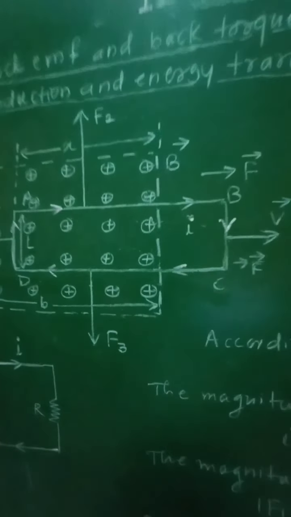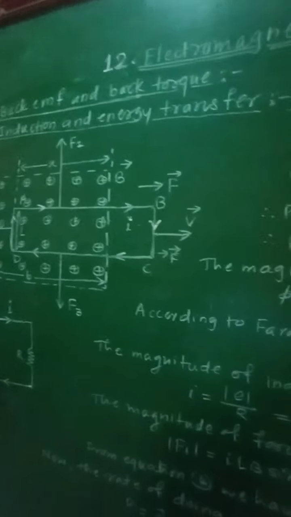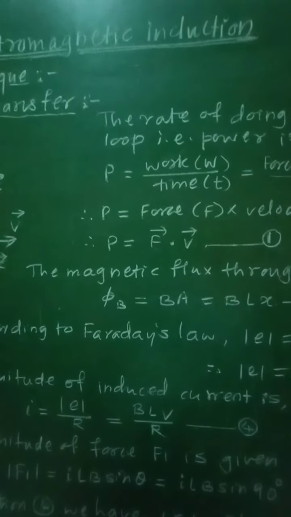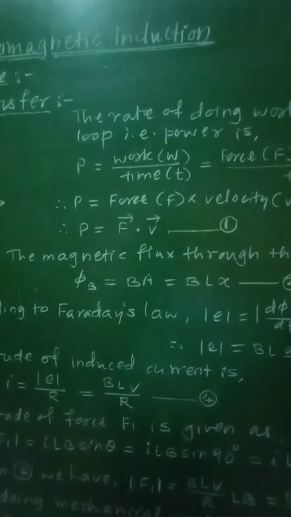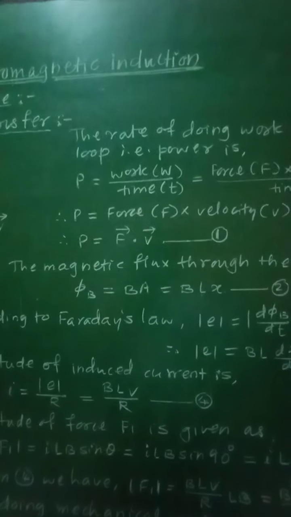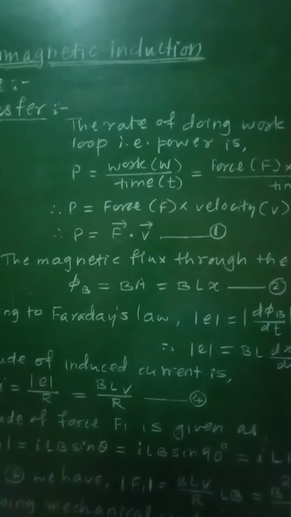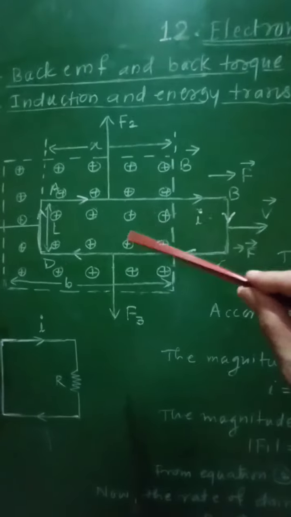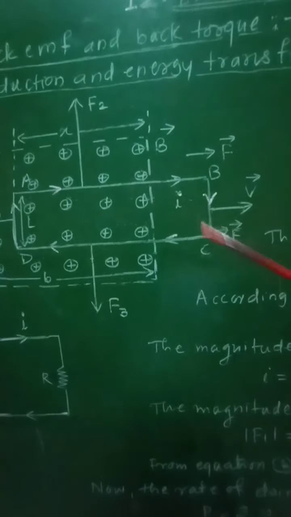The decreasing magnetic flux will induce the current in the loop. As there is a change in magnetic flux, the current will be induced in that loop, and the induced current gives rise to a force that opposes the pulling of that loop away from the magnetic field. So these magnetic forces developed in the loop will oppose the motion of that loop towards the right.